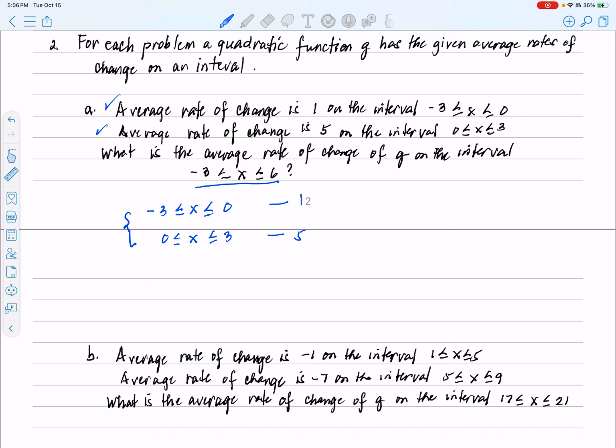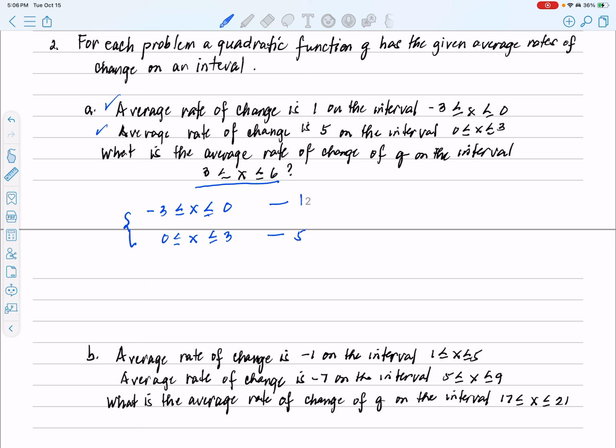I want you to look at that part right there. Oh, it's not -3 to 6. Sorry for that, because I was looking at the -3. It's supposed to be 3 to 6.